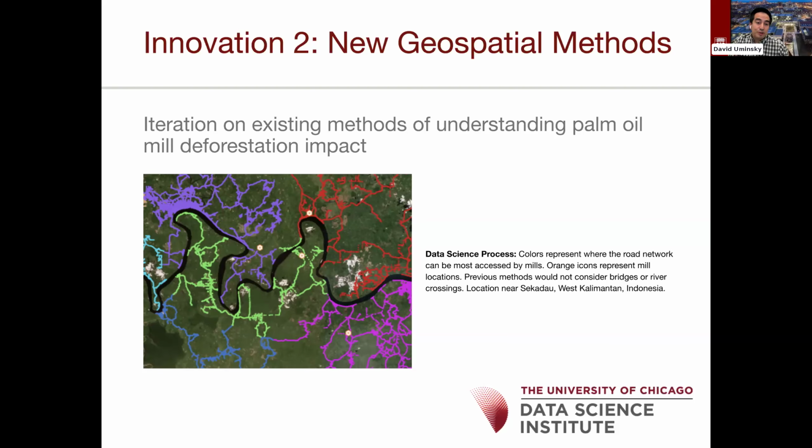But drawing a circle doesn't include things like mountain ranges, lack of roads, and rivers. And so what I think made this tool go from a really nice visual to very accurate is the inclusion of understanding the road networks all across the world. So driving a lot of these shapes that you'll see in these catchment areas is actually the road networks themselves. And that was a key piece to really understand who is very likely to drive which palm fruit to which mill.